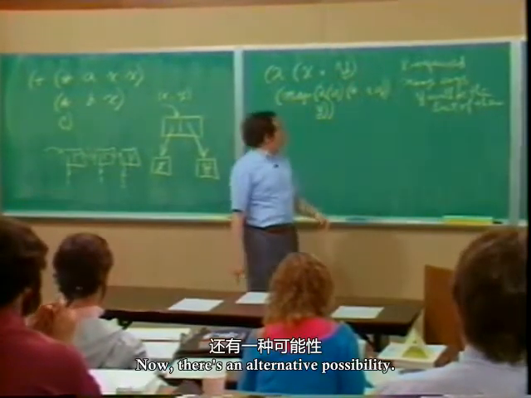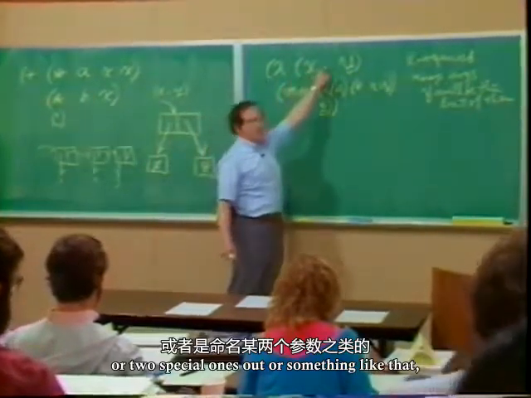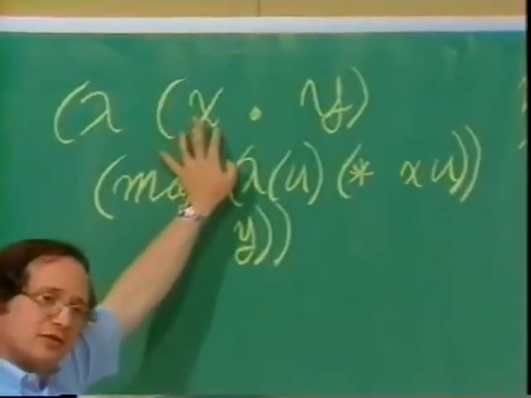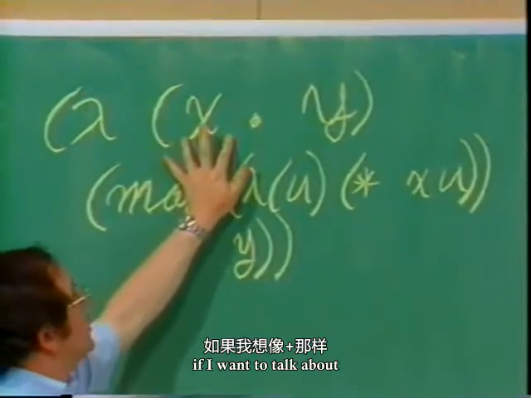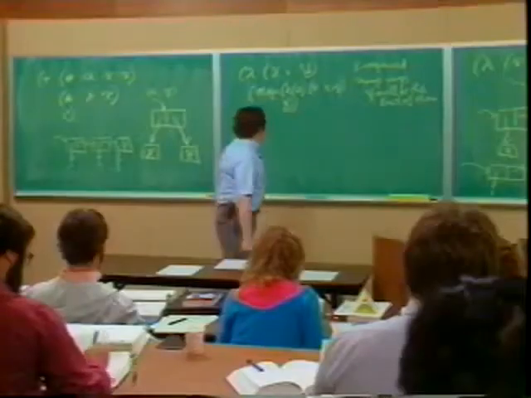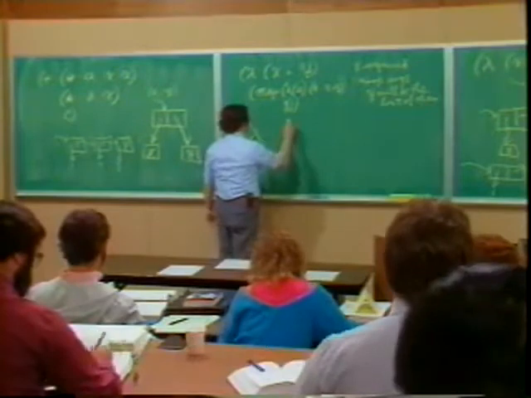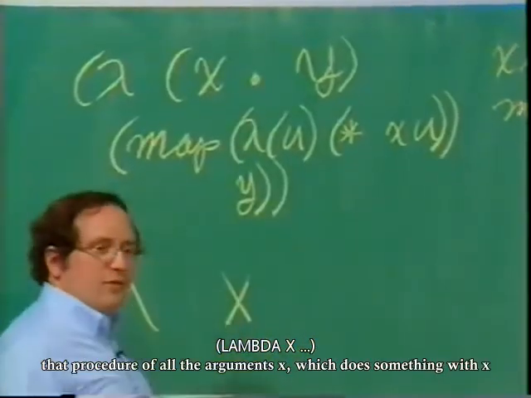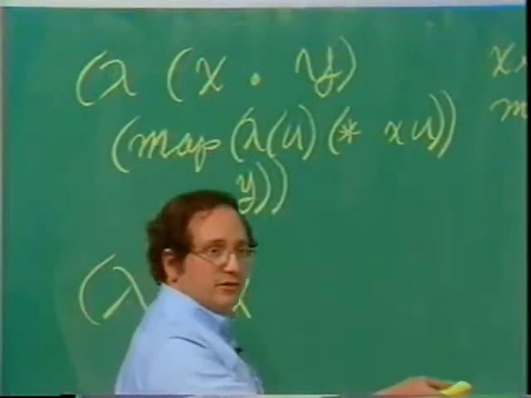Now there's an alternative possibility, which is if I don't want to take one special out, or 2 special ones out, or something like that. If I want to talk about just the list of all the arguments, like an addition, well then I'm going to choose the argument list to be that procedure of all the arguments x, which does something with x.